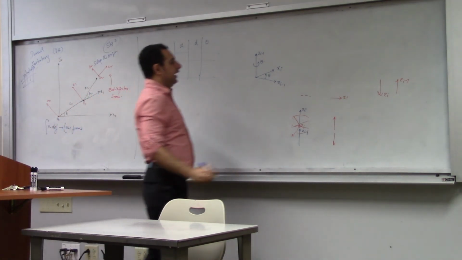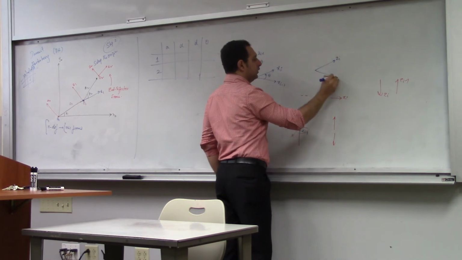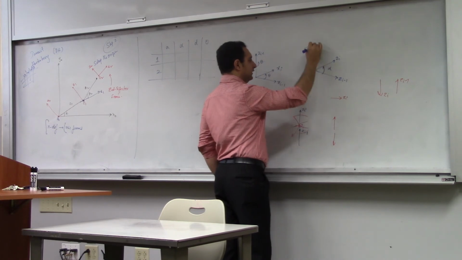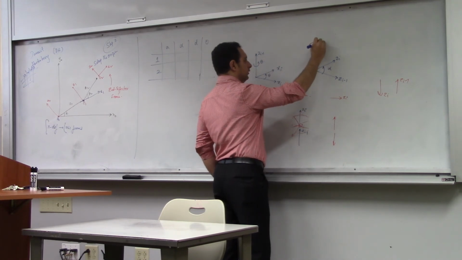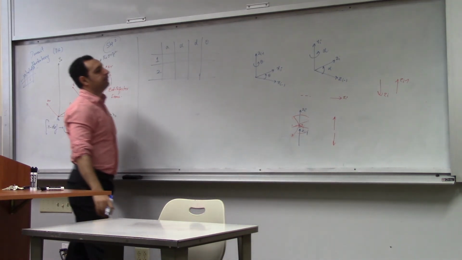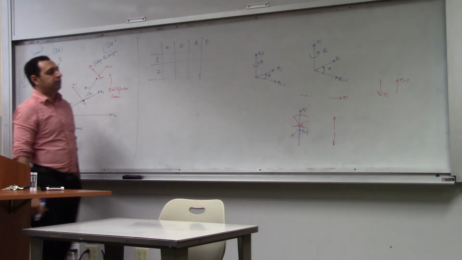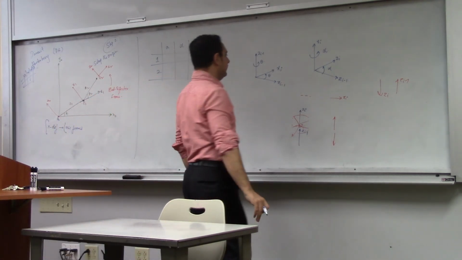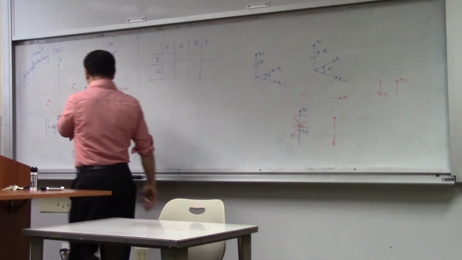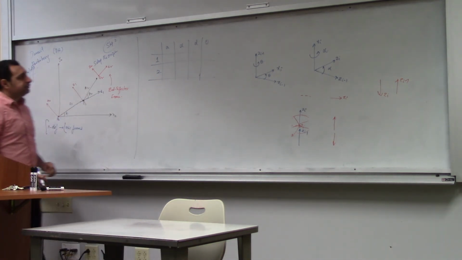Alpha is the angle between zi minus 1 and zi measured about xi. Alright. The distances are simple.